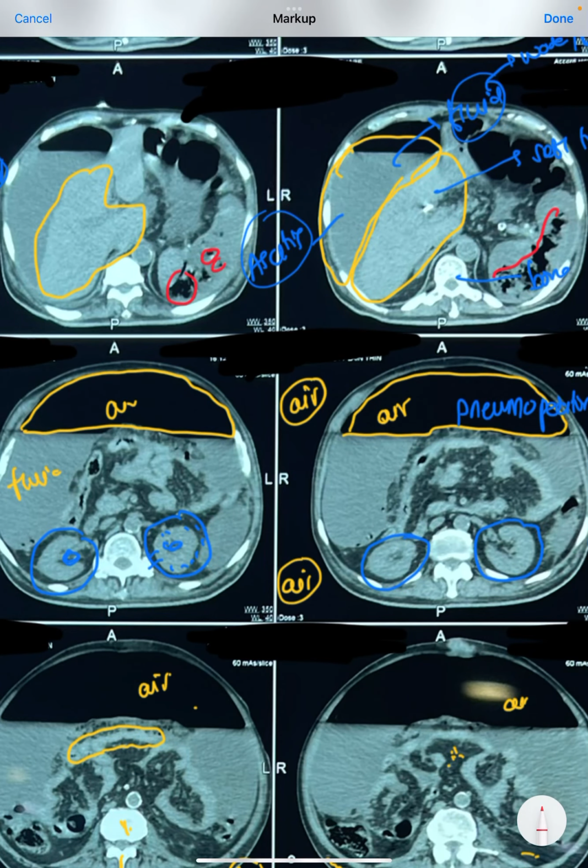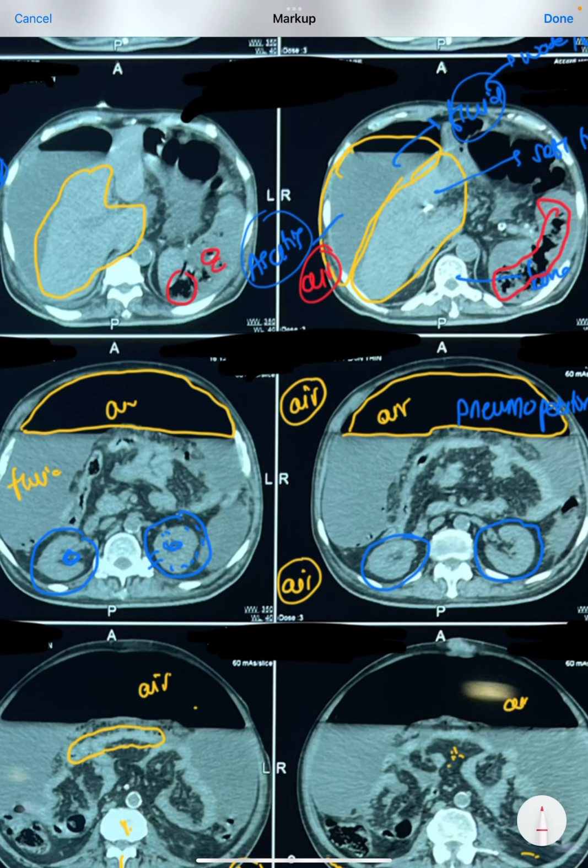There should not be any air in the spleen, but the spleen has air inside it. We get air only and only if there is damage or rupture of the gut, because the gut has a lot of air, so there will be leakage of air. But there is no reason why there should be air inside the spleen.